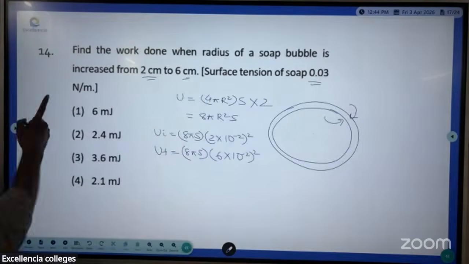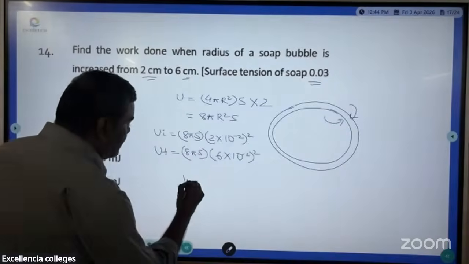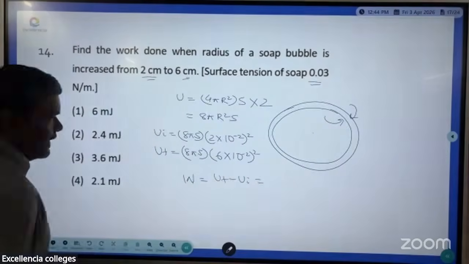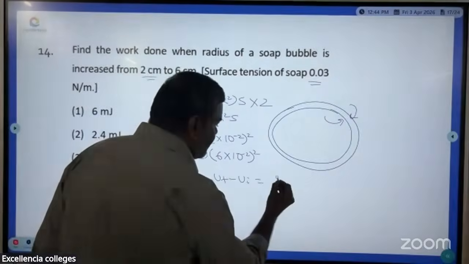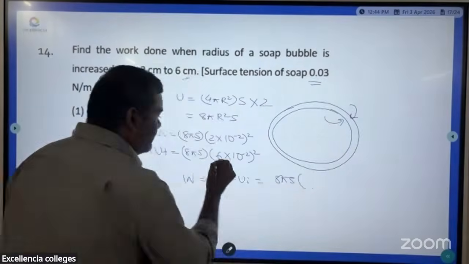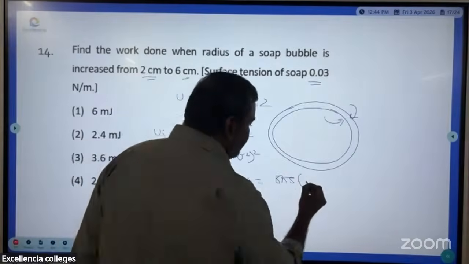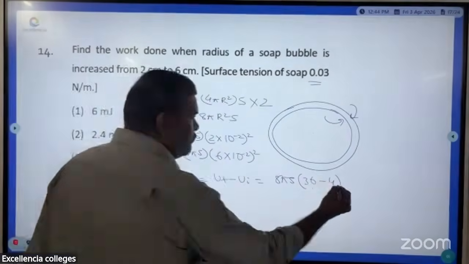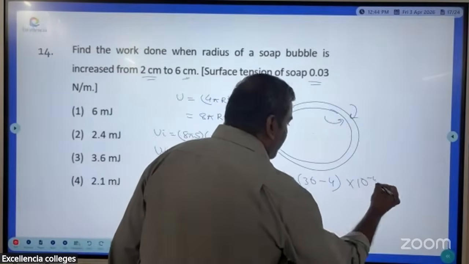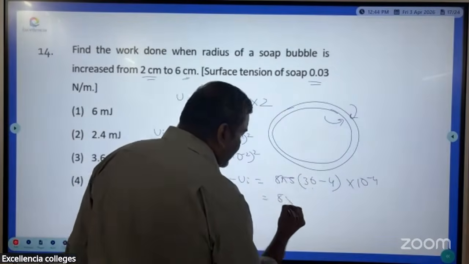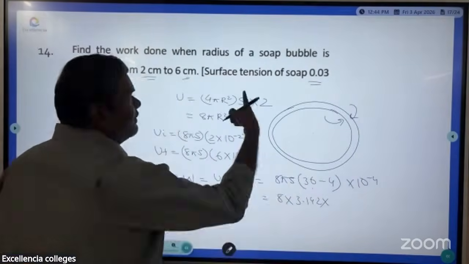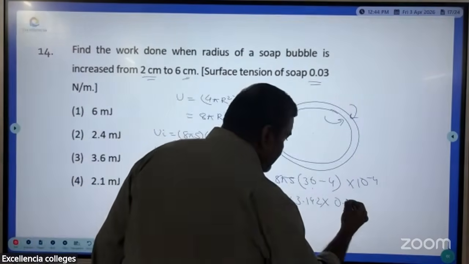So he's asking you to figure out the work done. So work done हो जाएगा external agent का change in the surface energy, and that will come out to be 8 pi S multiplied with 36 minus 4 कर देते हैं यहाँ पे, and 10 to the minus 2 whole square will become 10 to the minus 4 here. So if I do the calculation here, 8 into pi, pi हो जाएगा 3.142, into S value is 0.03, right?